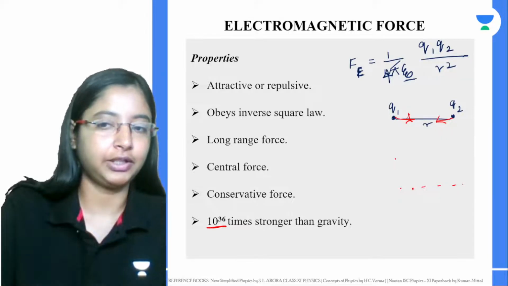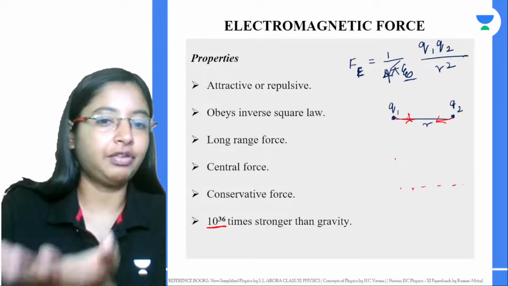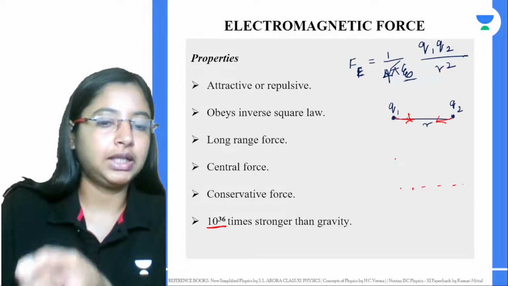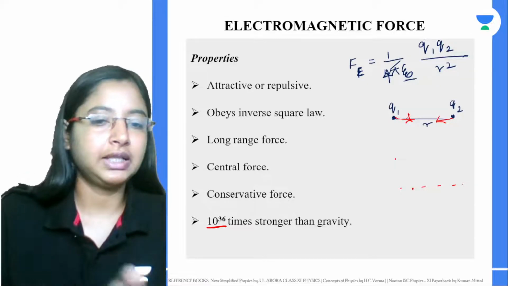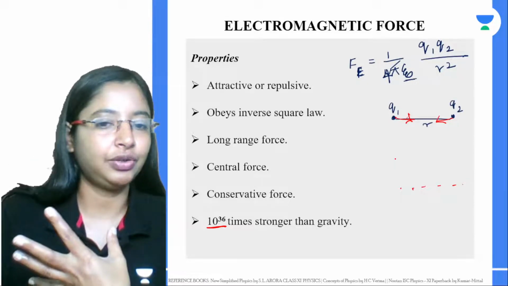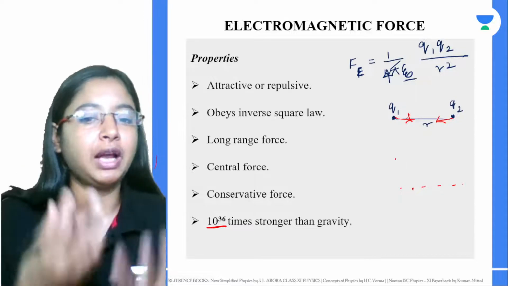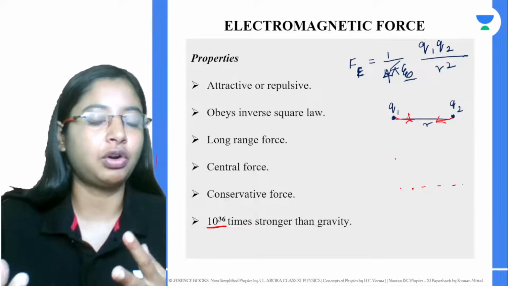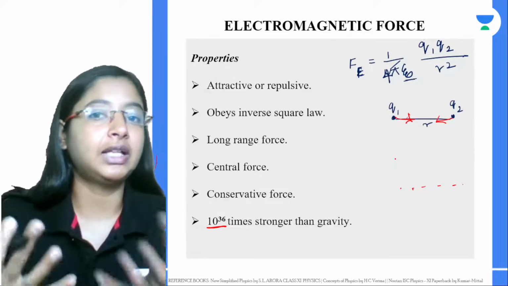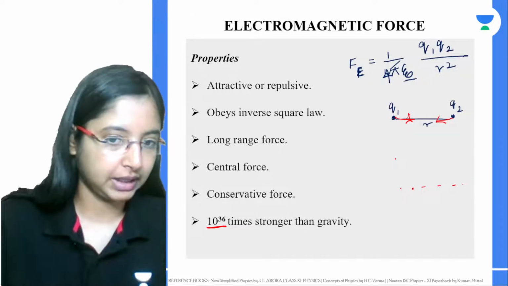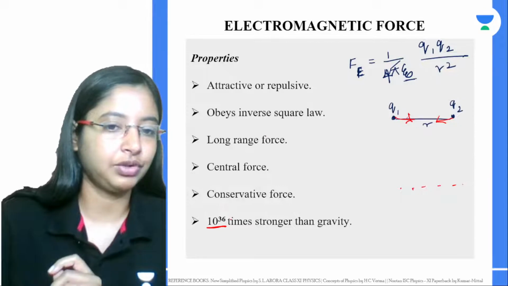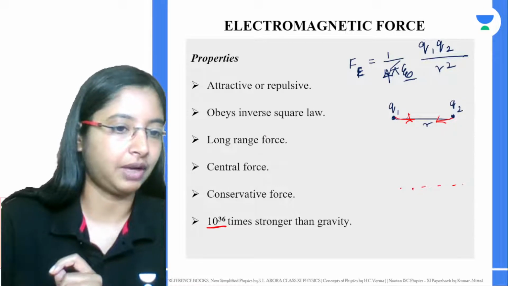If gravity was stronger, the comb wouldn't be able to pick up these bits of paper. So this is one observation you can use to say that gravitational forces are much weaker than electromagnetic forces. The electromagnetic force is 10 to the power of 36 times stronger than the gravitational force.